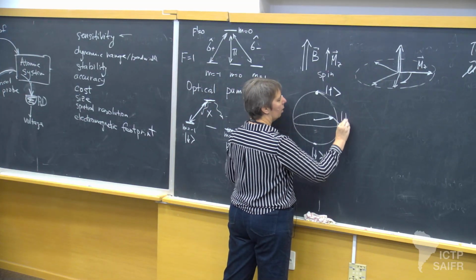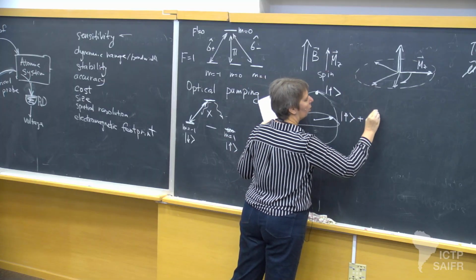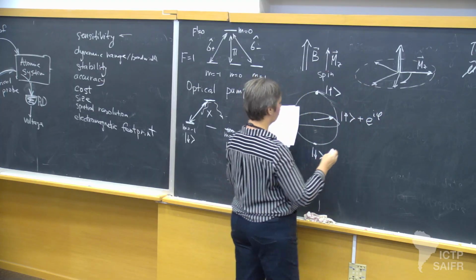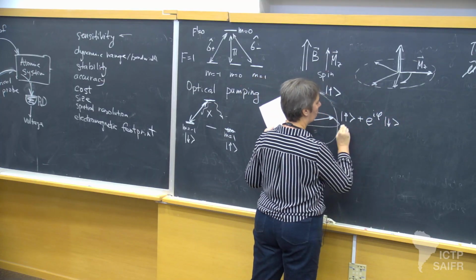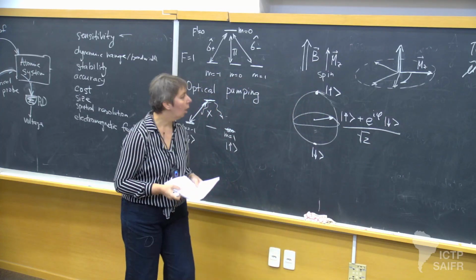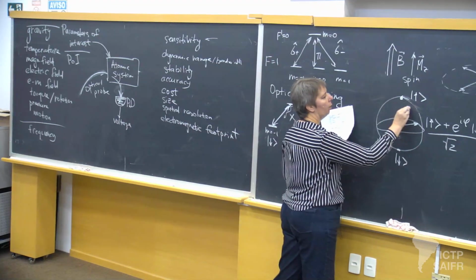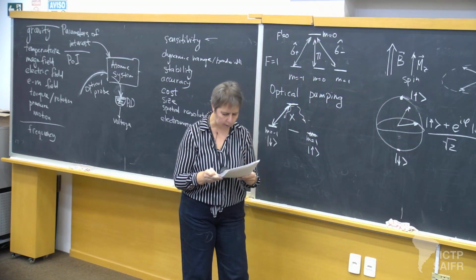Here it's going to be spin up, plus e to the i phase spin down, divided by square root of 2, okay?